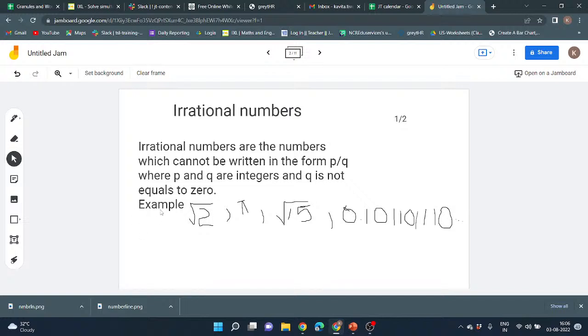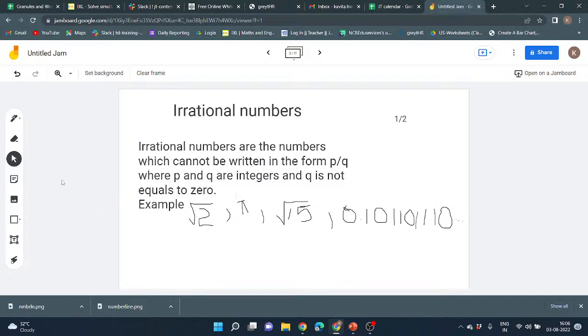Some examples of irrational numbers are root 2, root 15, pi, and 0.101101110 and so on. So these types of numbers are the irrational numbers.